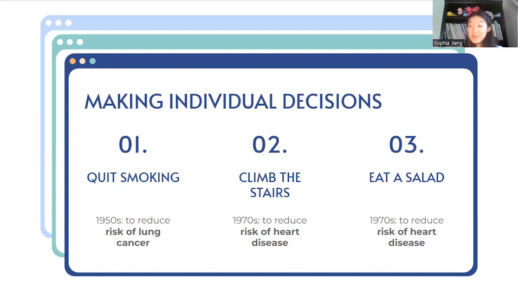This is because in the 1970s, epidemiologists also realized that it could reduce the risk of heart disease if you are more physically active and get your exercise in. And number three would be to eat a salad rather than a cheeseburger, for instance. And that also is to reduce the risk of heart disease because eating healthier is better for you.